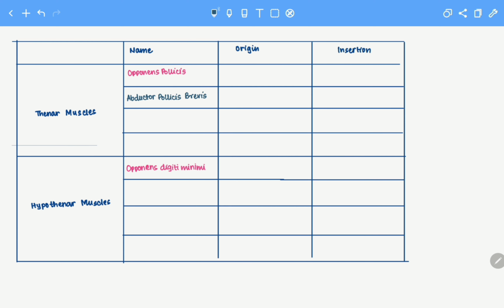So the abductor pollicis longus is a forearm muscle, but the abductor pollicis brevis is a palm muscle. Similarly, we have an abductor here, and since it's a hypothenar muscle, it will have the words digiti minimi.